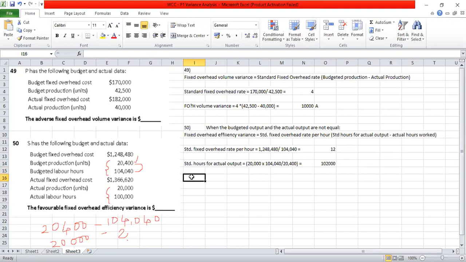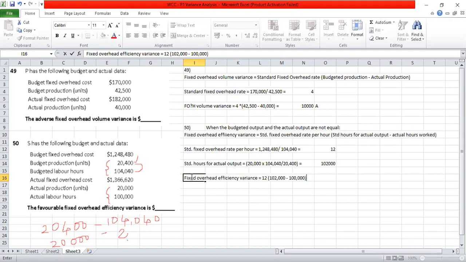Substitute that. So write fixed overhead efficiency variance is equal to, rate is 12 into 102,000 minus 100,000.